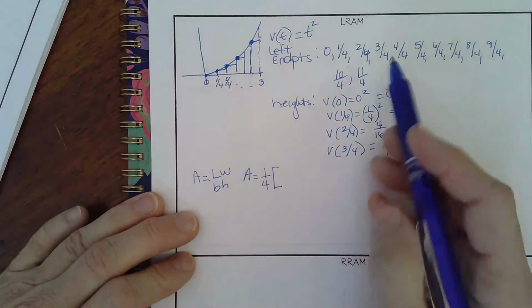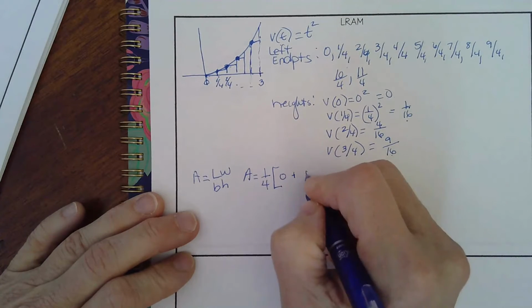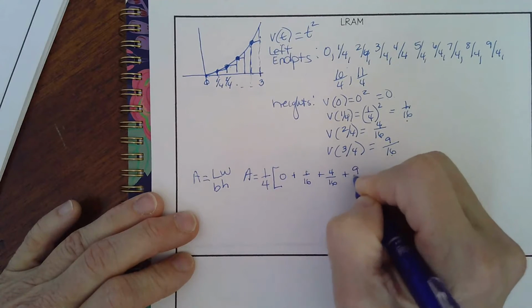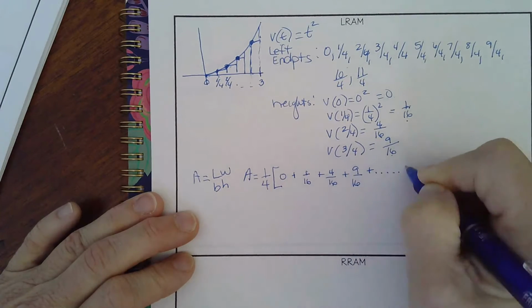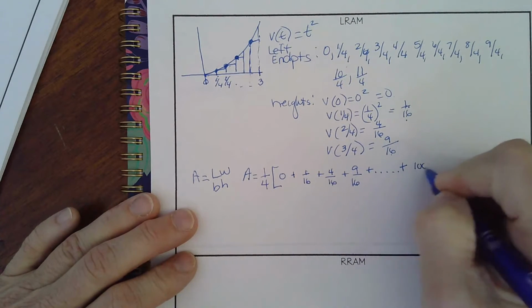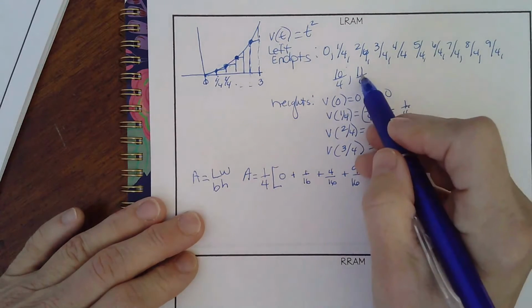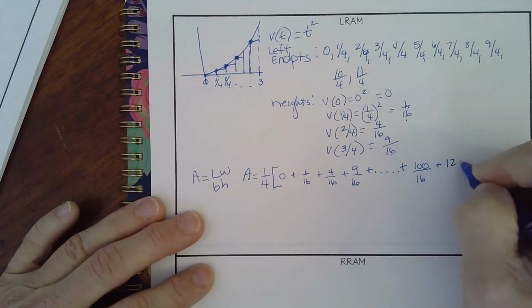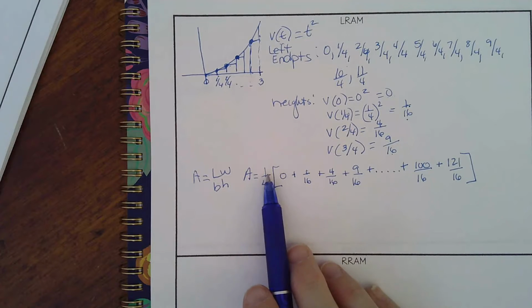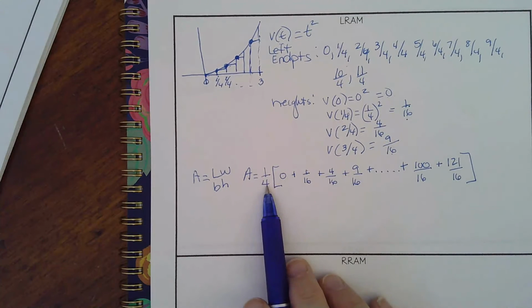So V of 0 was 0, plus 1/16, plus 4/16, plus 9/16, plus, and then all of the ones until we get down to 100 over 16 plus the 11 squared is 121 over 16. So we're going to find the sum of all the heights, and then we can just multiply it by 1/4.